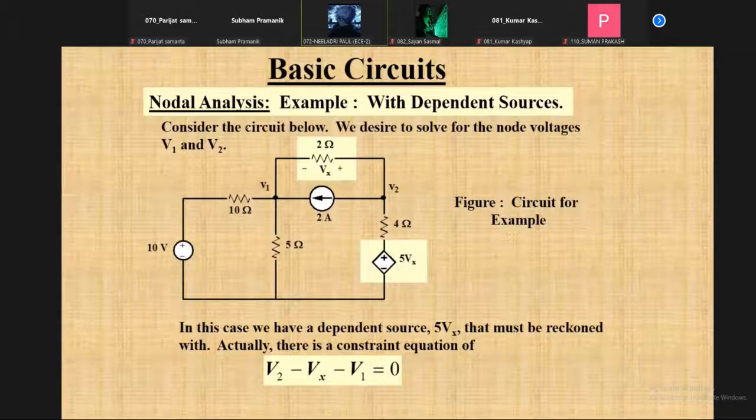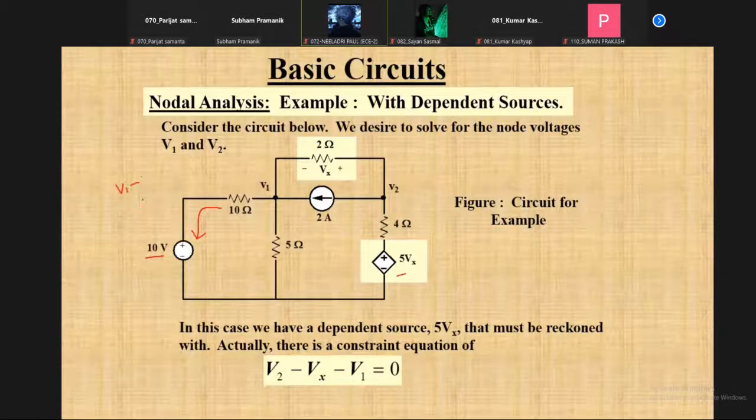You see, in these cases where the branch contains a voltage source, it is better to use the straightforward way. If I ask you what is the current through this branch, can you tell me that? V1 minus 10 divided by 10.